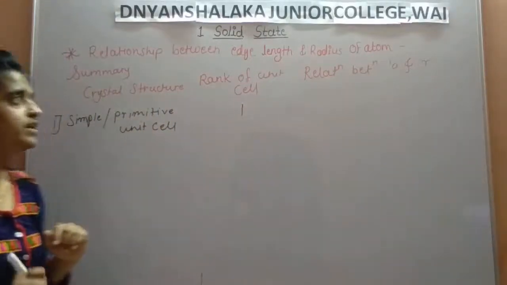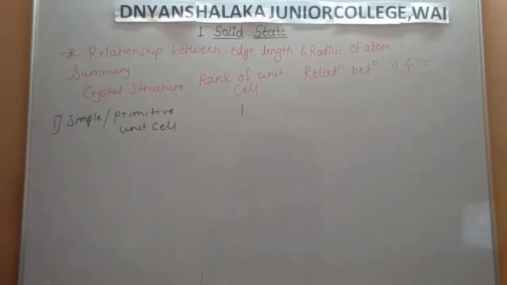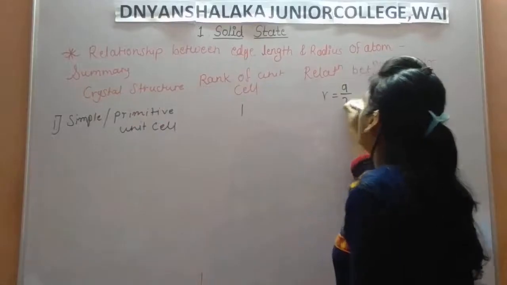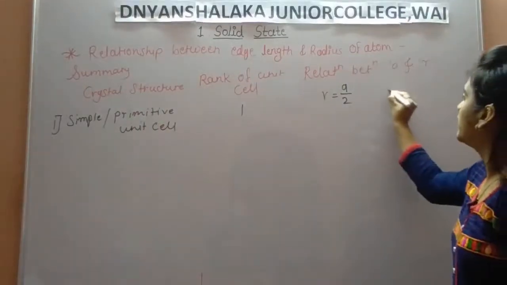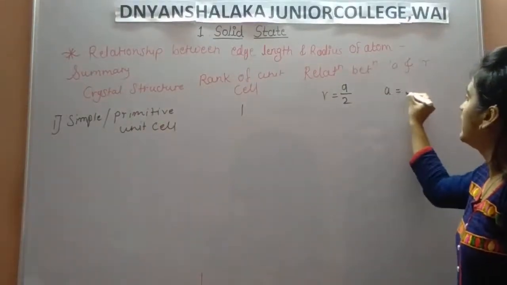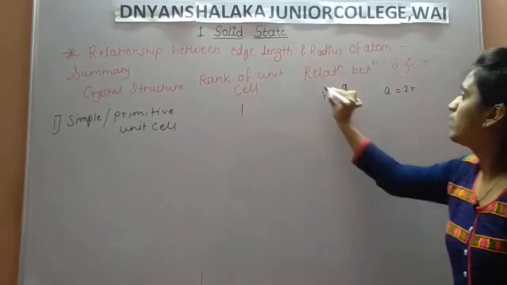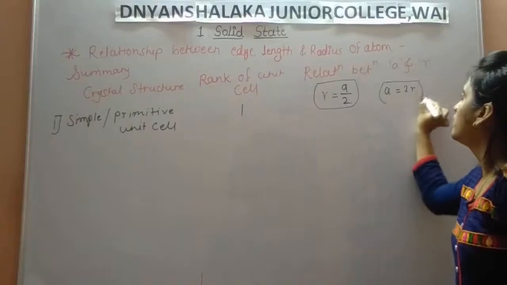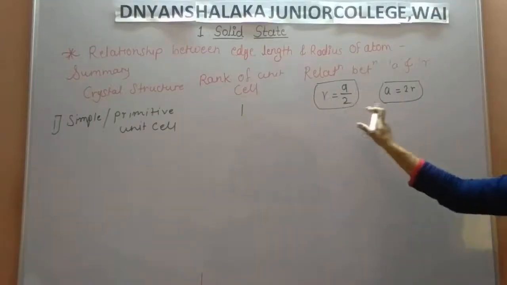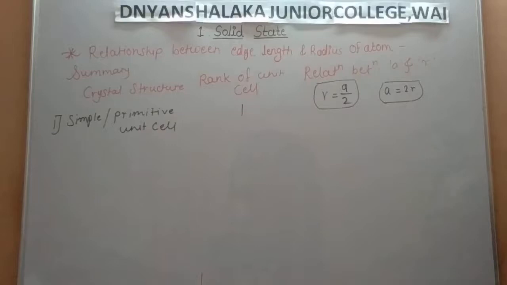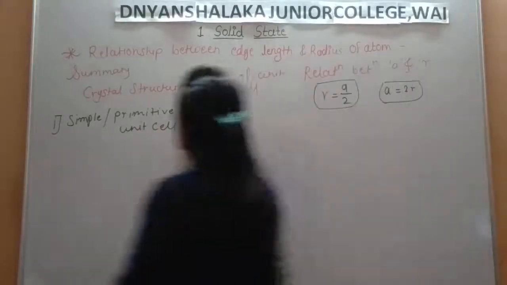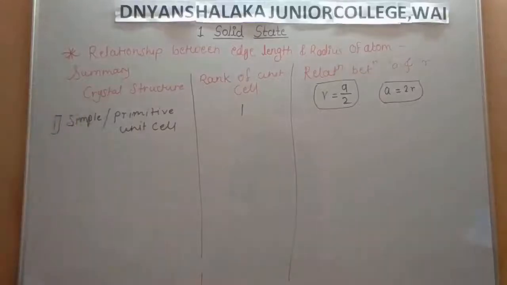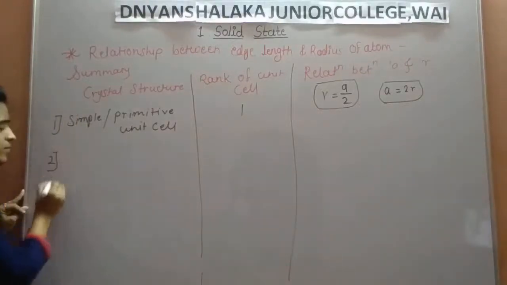And the relationship between a and r: r is equal to a upon 2. So we get the equation of edge length a, which is equal to 2 into r. So these are our 2 equations, r equals a upon 2 and a equals 2r for the simple or primitive unit cell.